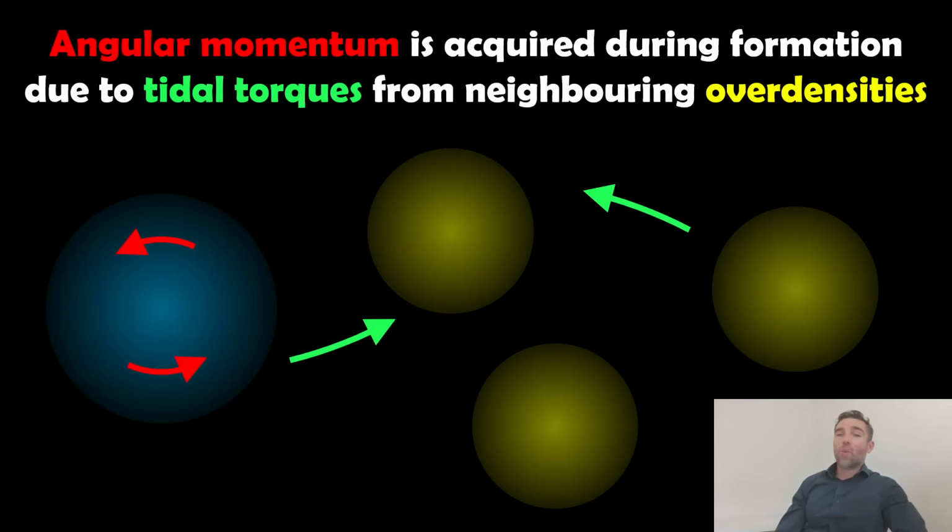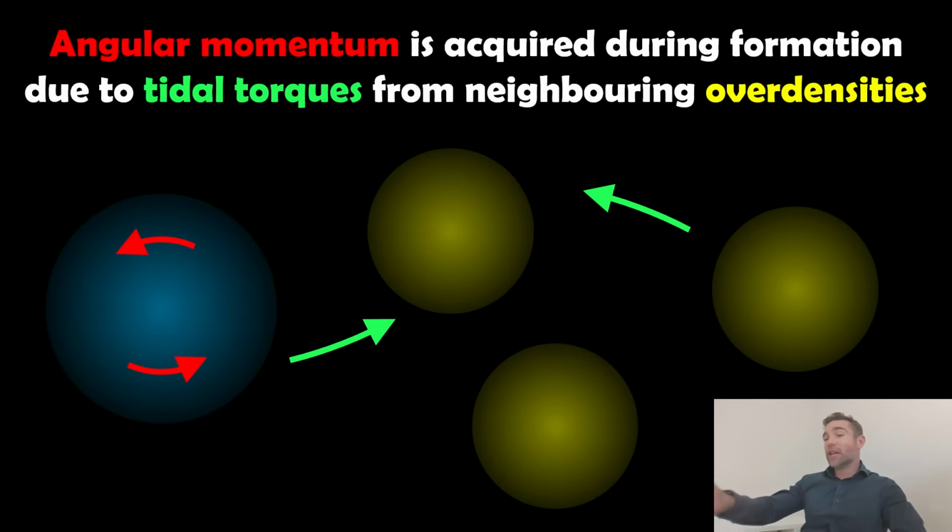Well, initially when these dark matter halos and then the subsequent galaxies are forming in the early part of the universe, there will be overdense regions and underdense regions, and neighbouring overdense regions can actually impart tidal torques onto other dark matter halos, essentially, and that can then give them some net rotation.